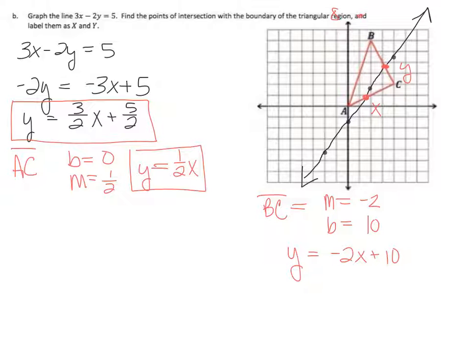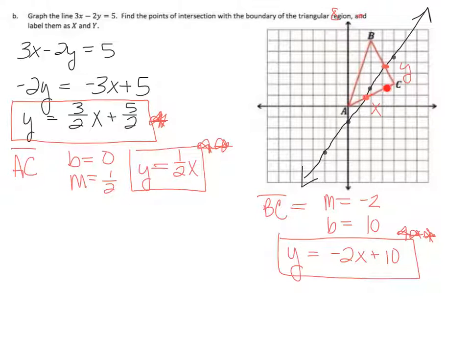So I have two systems of equations. I'm going to work with single star and double star. Then I'm going to come back and work with single star and triple star. I need to know where those two systems of equations intersect, and that will give me my answer.